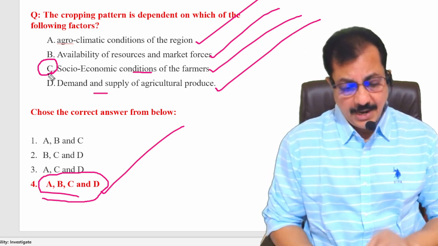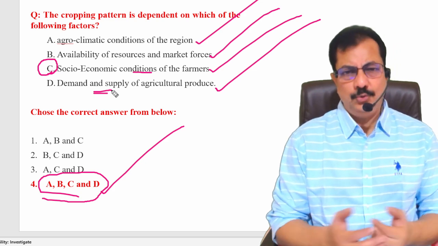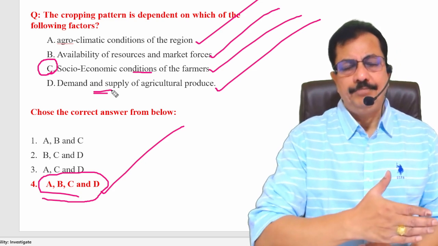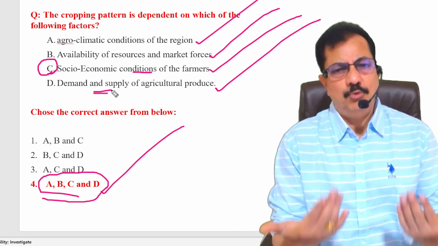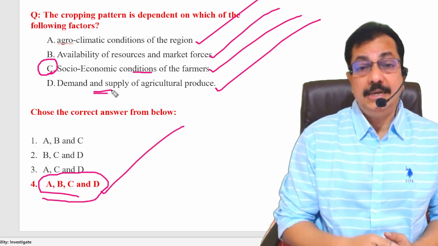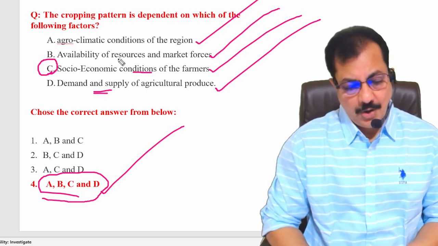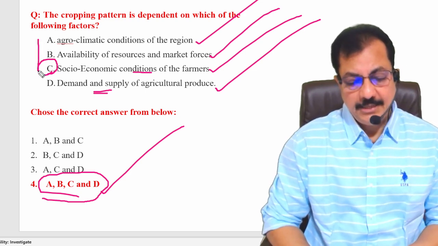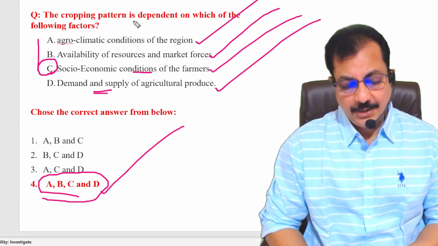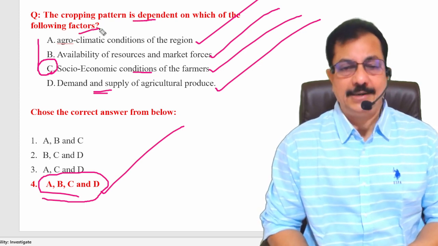Is that okay? And similarly, demand and supply of agricultural produce, you know this. Whatever agricultural produce has more demand will be cultivated more, meaning depending on the demand, the supply has to be there. So all these are considered to be the right ones with respect to the cropping pattern being dependent on all these factors.